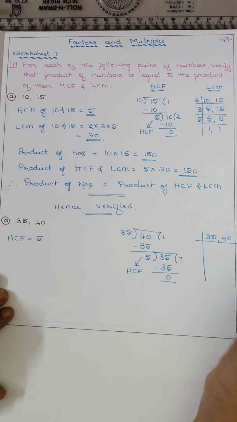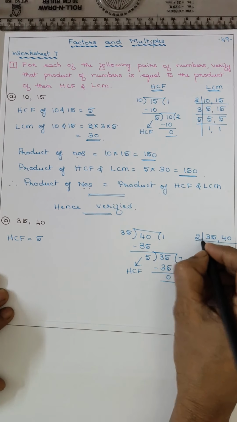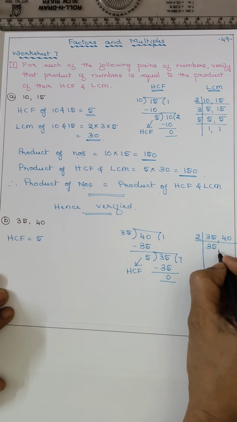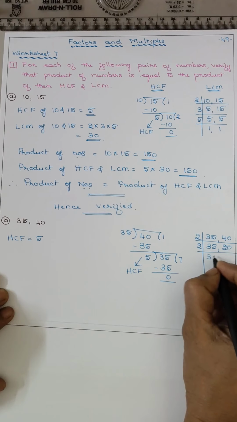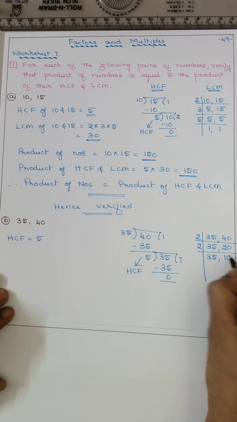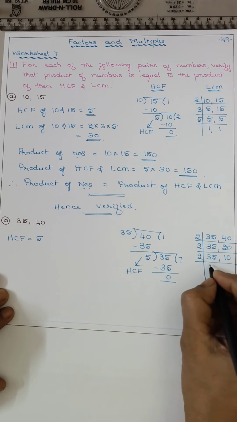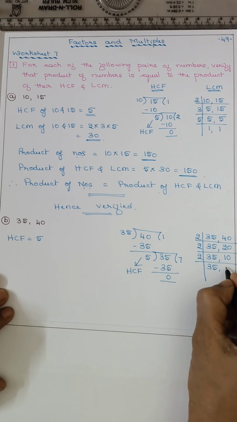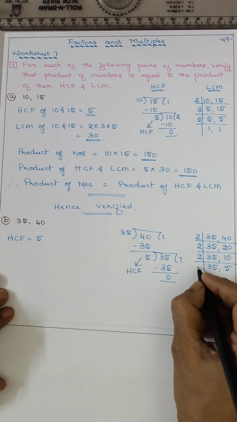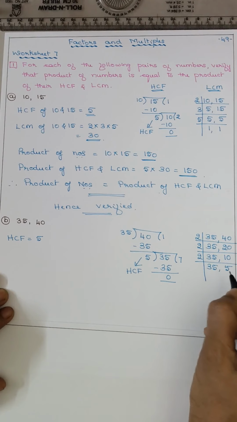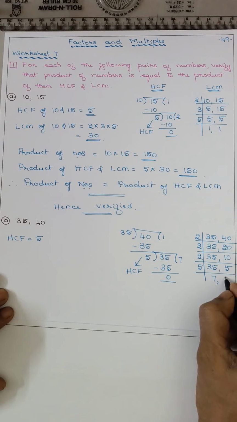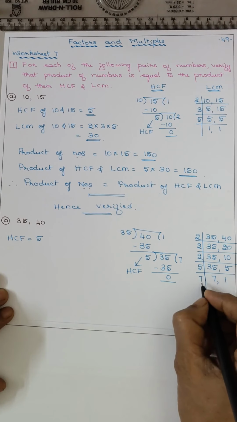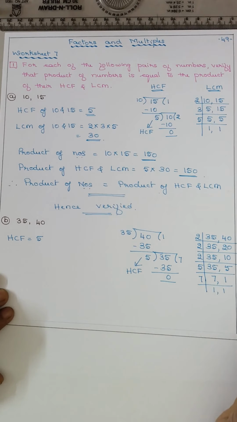Even number, start with 2. 35 as it is, 4 2s are 8, 20s are 40. Again 2, 35 as it is, 2 tens are 20. 2, 35 as it is, 2 fives are 10. Now 5, 3 will not go, 5 sevens are 35, 5 ones are, now 7 ones are.